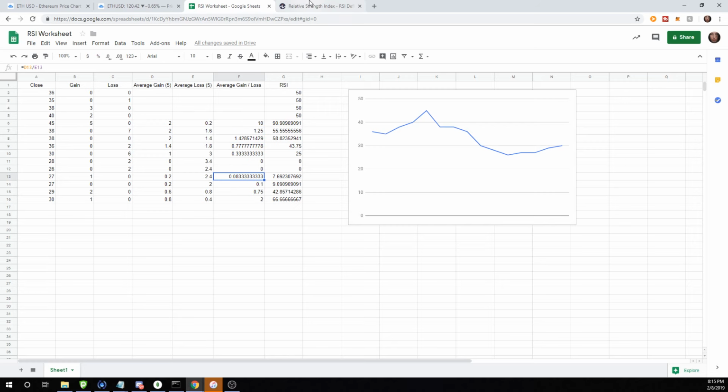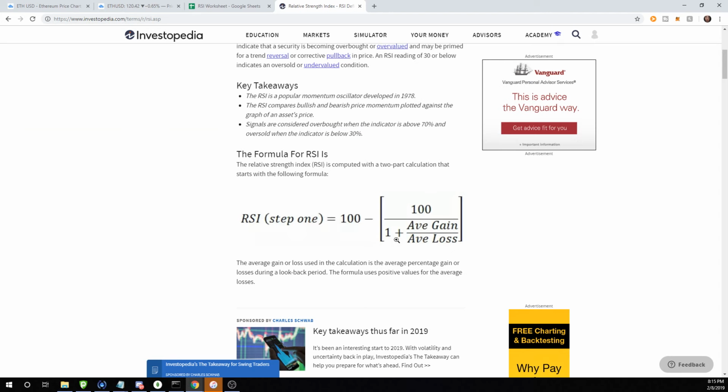The final part of the RSI is to take the result of the average gain divided by the average loss, add 1 to it, take that, divide 100 by it, and subtract that from 100.